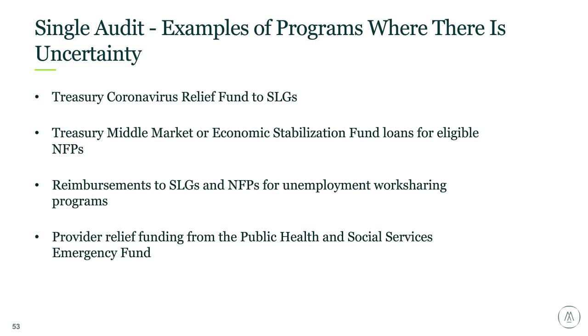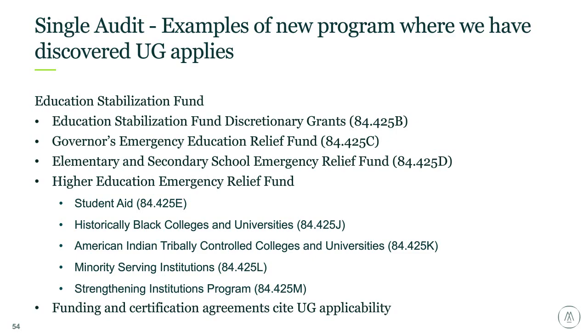So here are some examples of programs where there is some uncertainty. There are several different types of funding programs that have come out that we don't know whether or not they will fall under the uniform guidance. We do, however, know that there are programs in which the uniform guidance does apply.